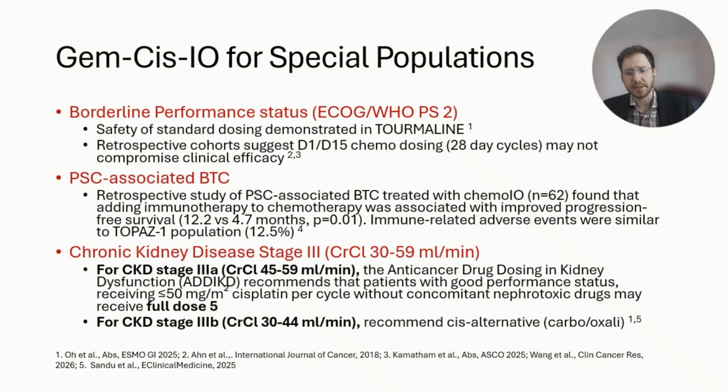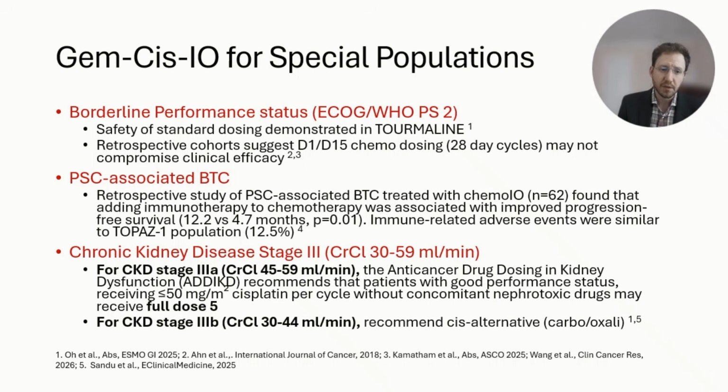And we have multiple retrospective cohorts that also look at every other week dosing of GemCis, and in those series, there doesn't appear to be any compromised clinical efficacy either. And so I think if day 1, day 8 is too intense for those folks, moving to a day 1, 15, Q28 day cycle is a reasonable pivot to make that chemoimmunotherapy more tolerable.